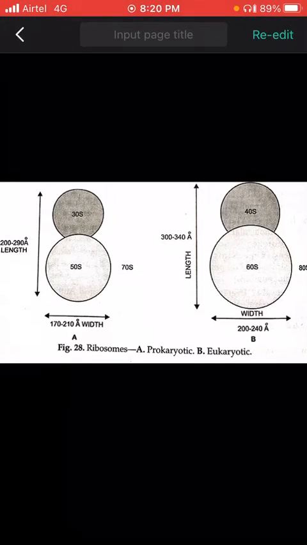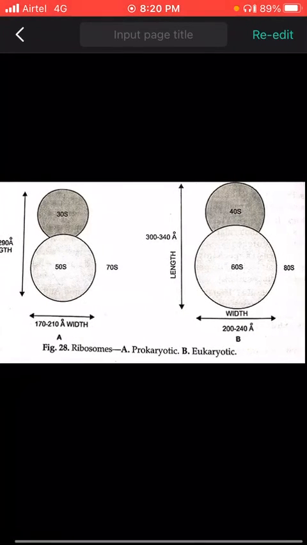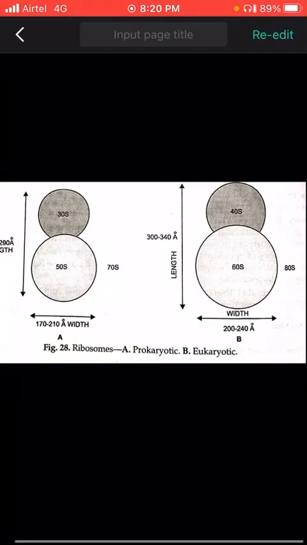Now the larger subunits. The larger subunit in prokaryotic is 50S, while in eukaryotic it is 60S. Molecular weight is also different. Prokaryotic is 1.8 into 10 to the power 6, while 60S is 3.3 to 3.5 into 10 to the power 6.